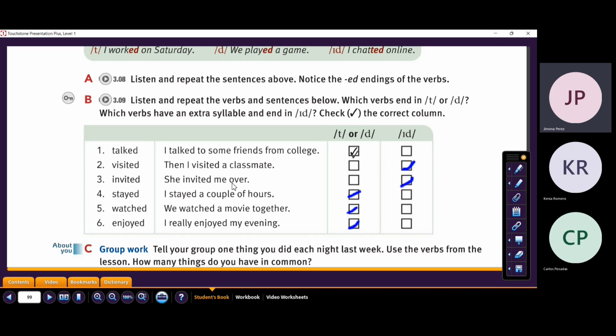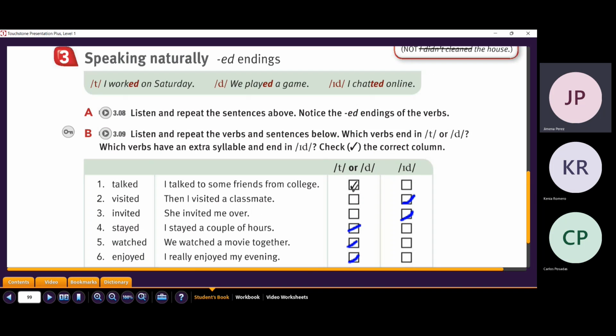Son esos verbos que terminan, por ejemplo, aquí con visit, visited, invited. Entonces, tenemos una I y una T, y luego la ED, ¿no?